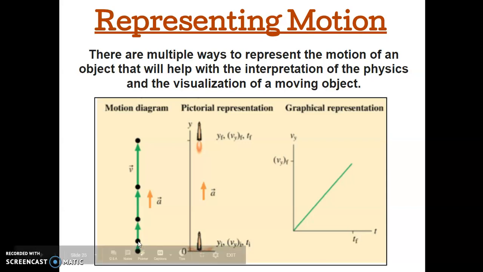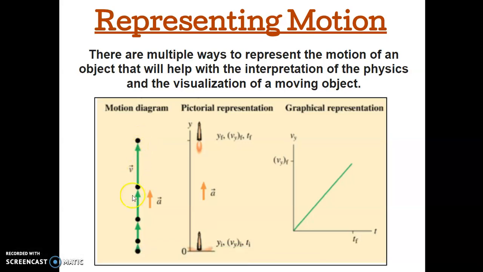But the important thing is to realize that what we're seeing here is equal intervals of time. So for example, this black dot object, whatever that is, could be a car or anything, it's moving, let's say in 1 second is moving from here to here. And then the next second is moving a little bit further, so the velocity is higher. And then it's moving a little bit further yet again.